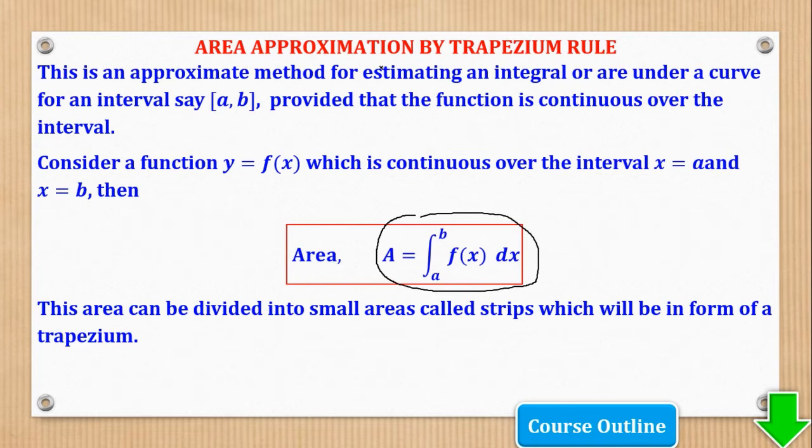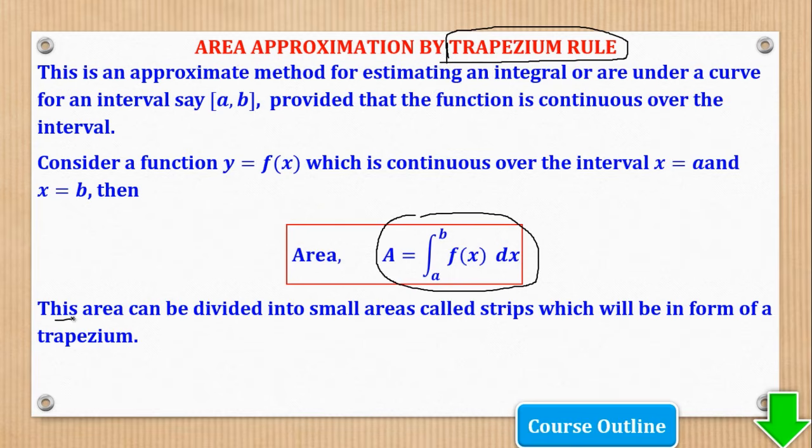Now this is the knowledge we know under calculus or under pure mathematics. So in this topic we are going to look at a method which is known as trapezium rule, which can also be used to approximate this area. So using calculus you get the exact value of the area, or we call it the actual area, but when we use trapezium rule, what we get, we call it the approximate area under the curve.